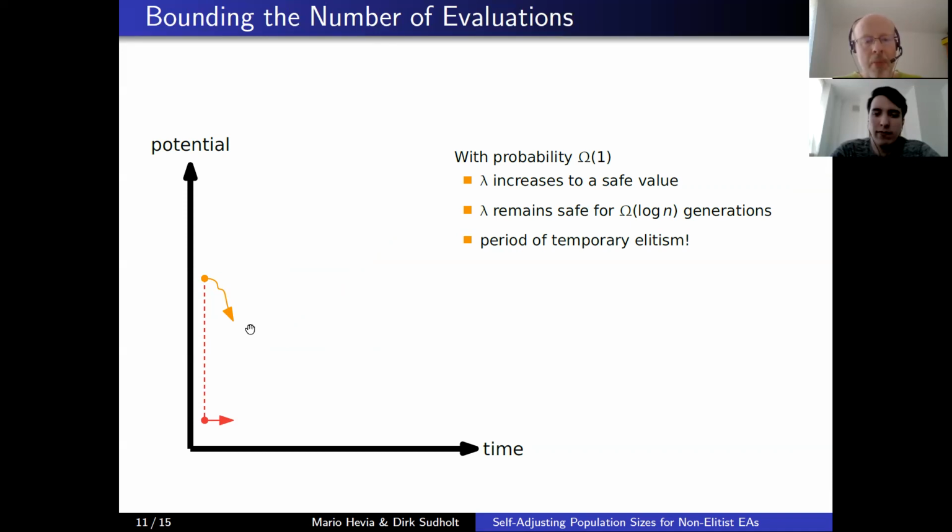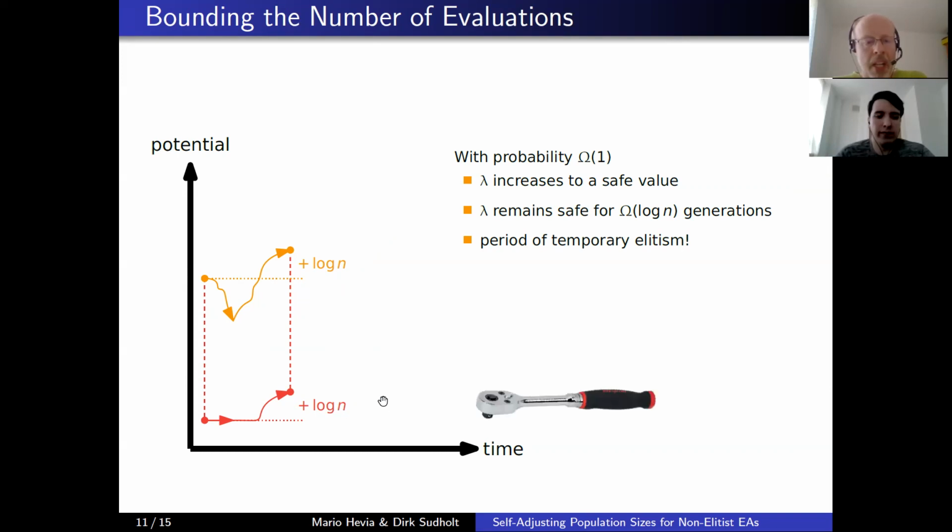Then we have a period of temporary elitism where the fitness will increase enough that we reach a new best-so-far fitness, which is log n larger than the previous one. And the lower bound has also gone up by log n. So we've cranked the ratchet and this lower bound has increased by log n.